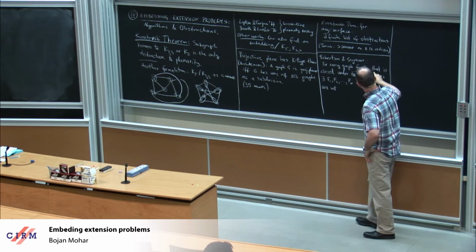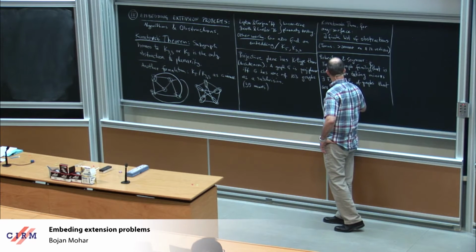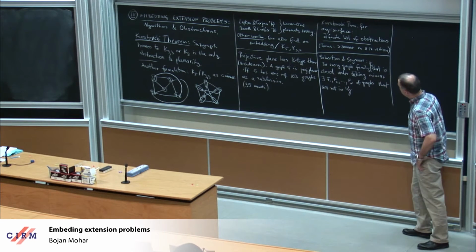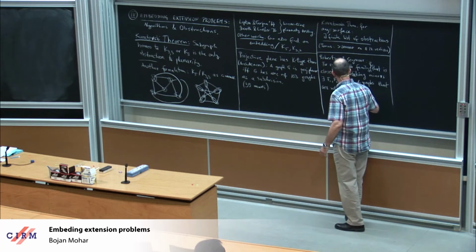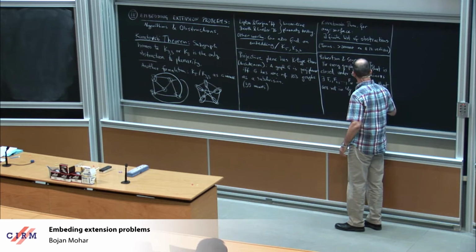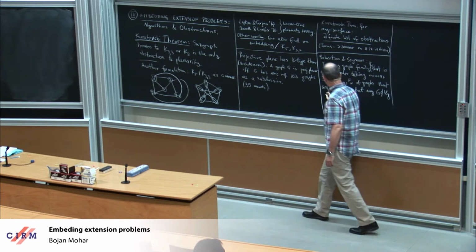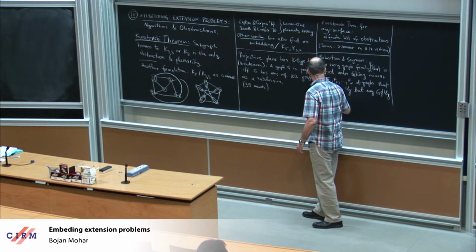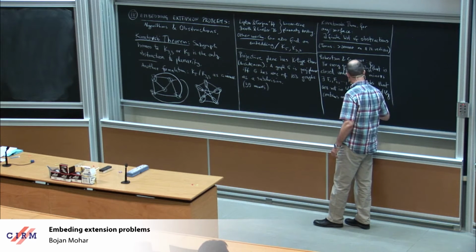Maybe I should put some name to the family, let's say script G. There are graphs not in script G, but any graph G which is not in script G contains one of them as a minor.